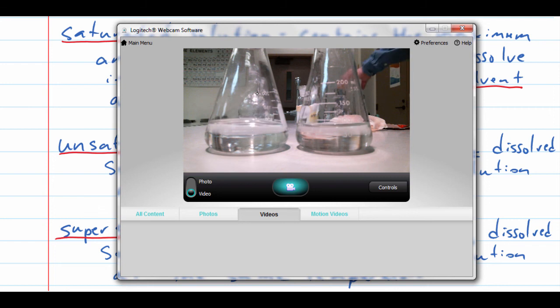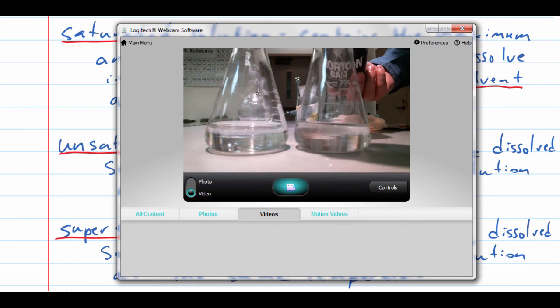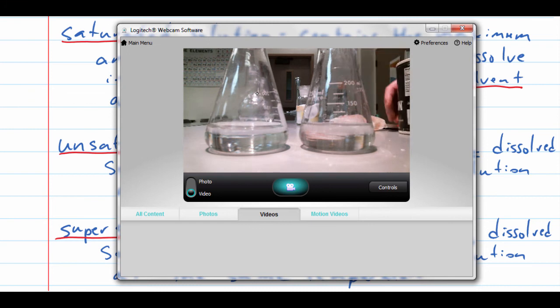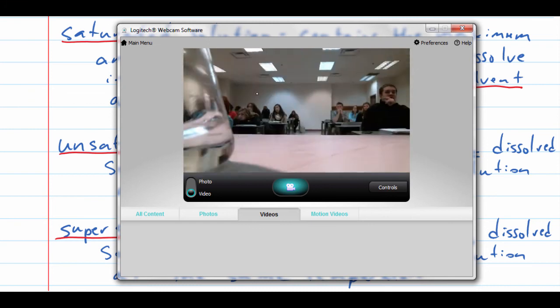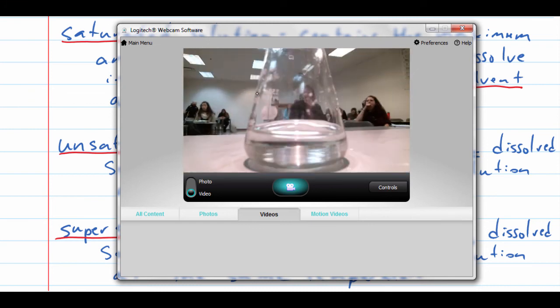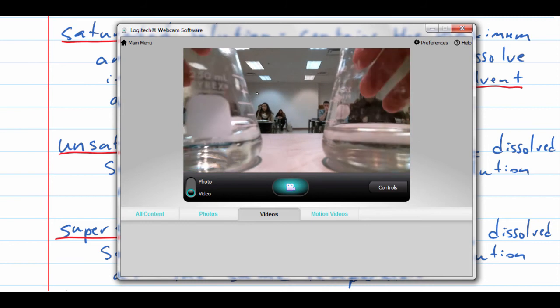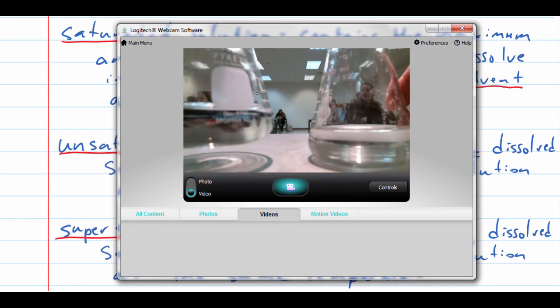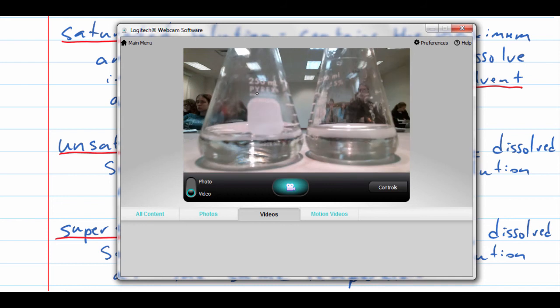And what I'm going to do is add some salt to each one of them and then shake them up and we'll observe what happens. And I'm going to turn these around so you can look at them from left and right. So here's the one on your left, here's the one on your right. There we go.